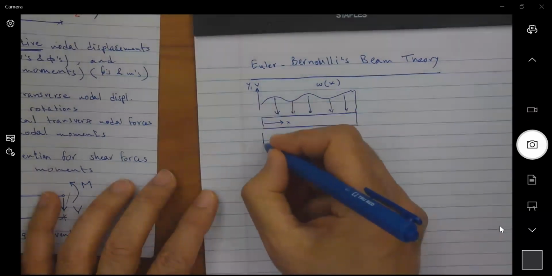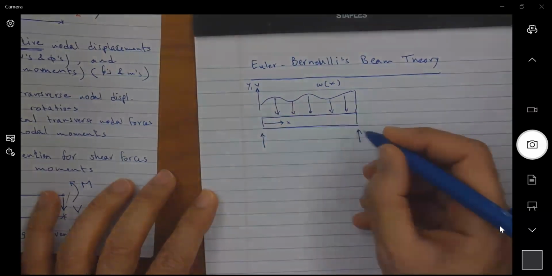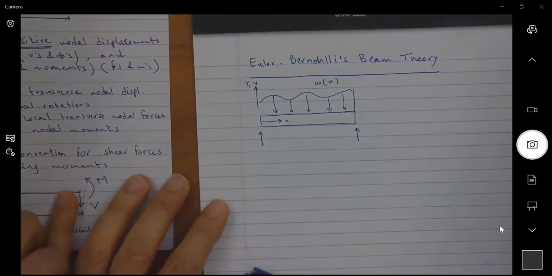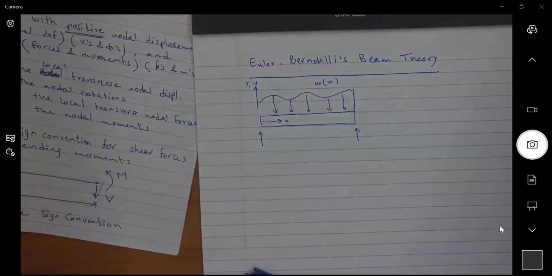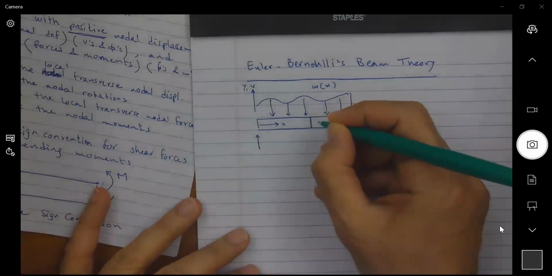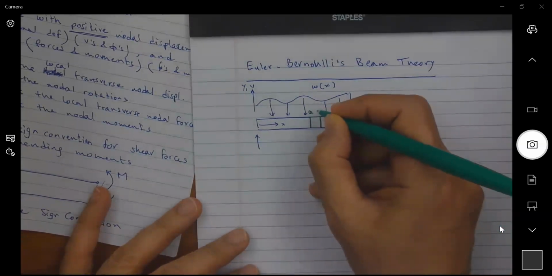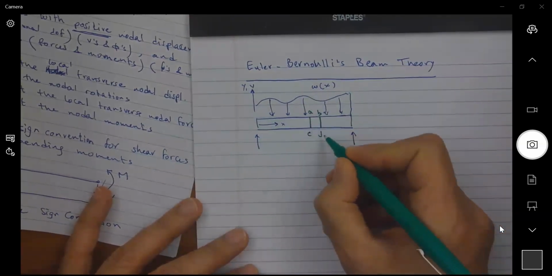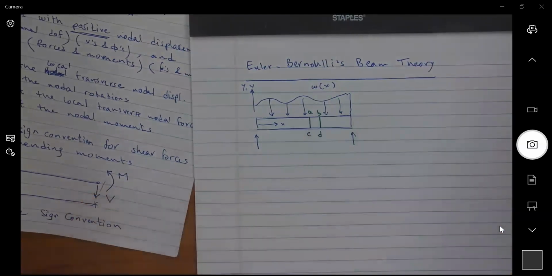And of course, it could be supported to resist this downward force. What we are going to look at is a differential beam element, A, B, C, D. And what I'm doing here is looking at sections that are perpendicular to the centroidal axis of the beam.